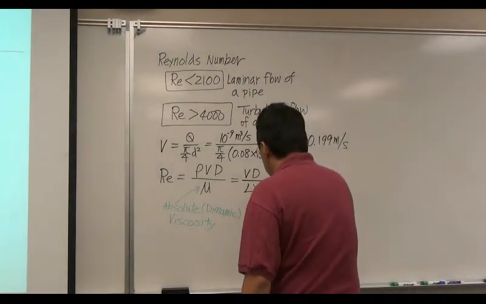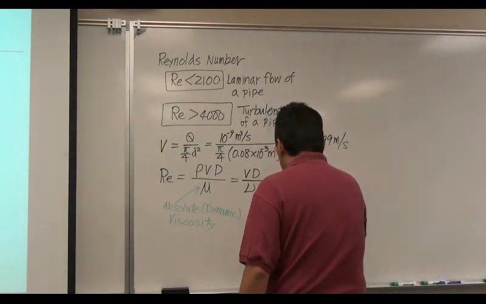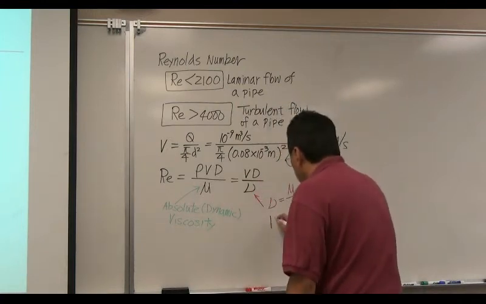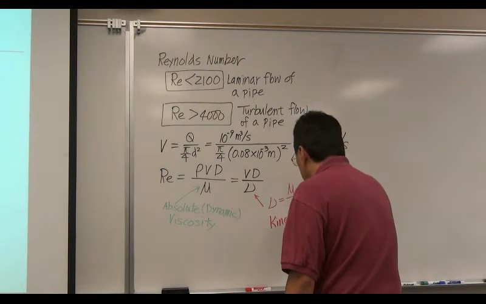This nu is mu divided by rho. This is called kinematic viscosity.